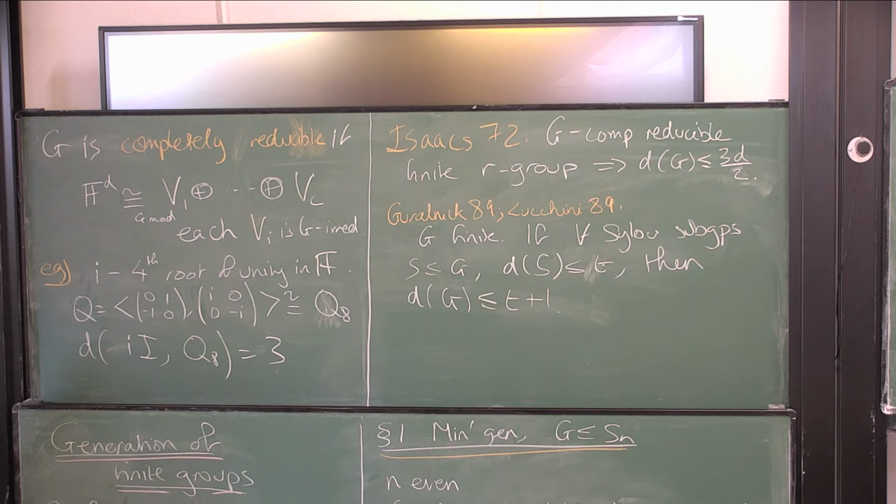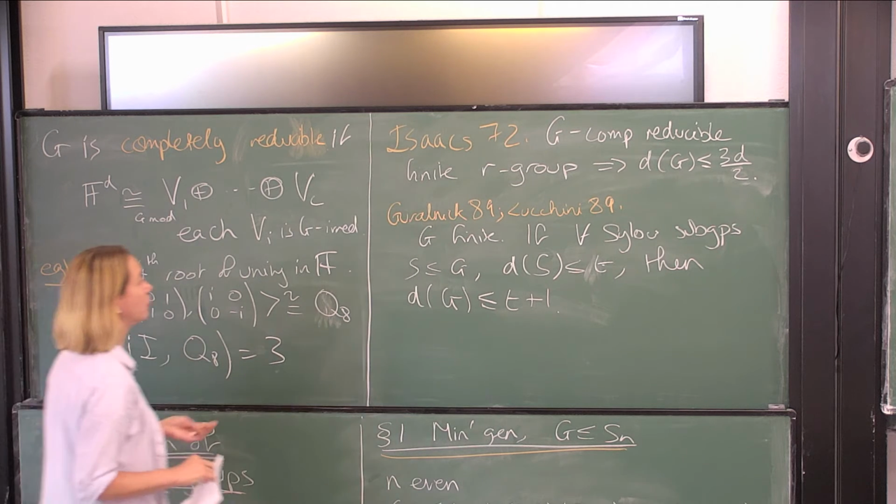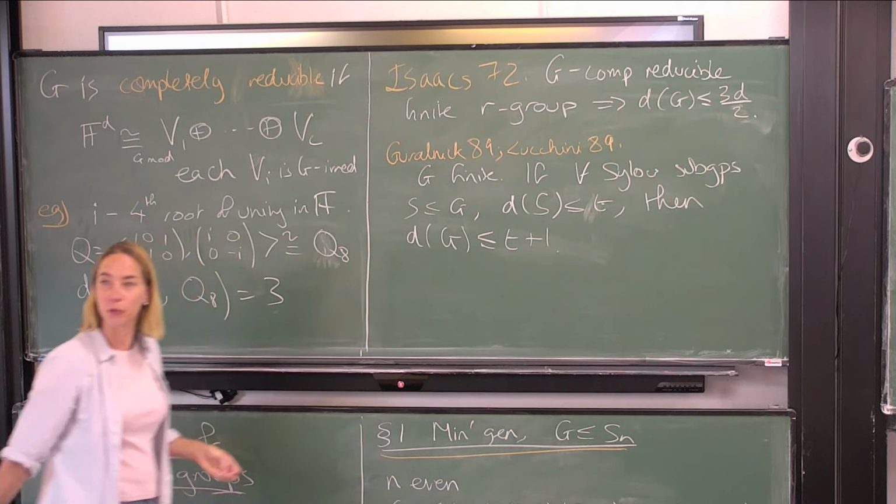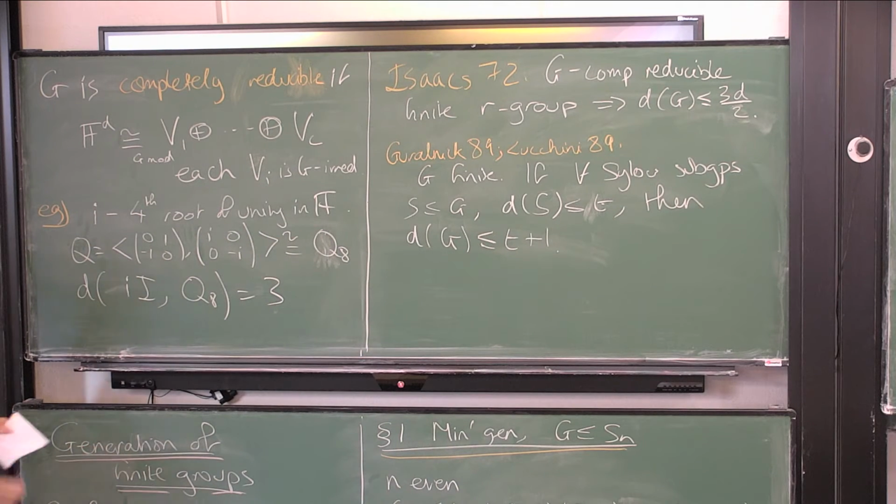So this is a completely general statement. If you can find an upper bound on the generator number of every single Sylow subgroup, so just find the worst one, then you can generate the whole group with only one more generator than that.